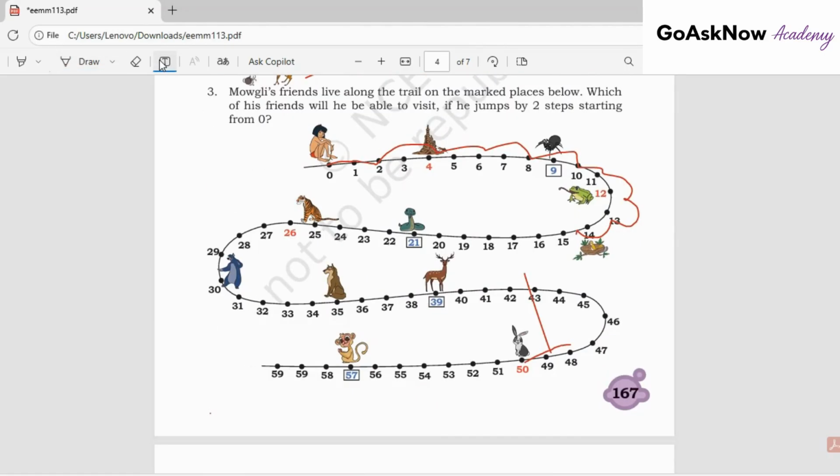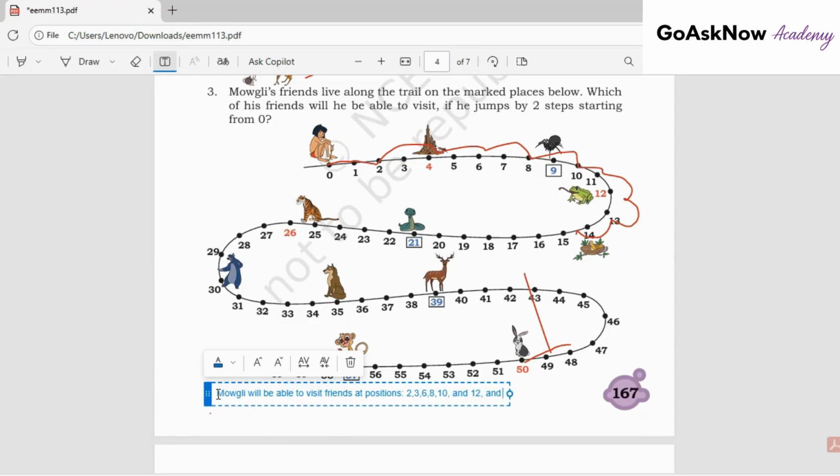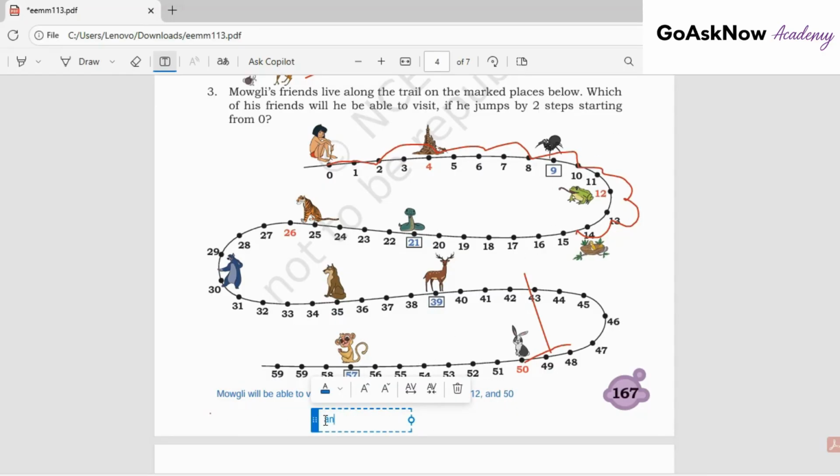Let us answer that one. Mowgli will be able to visit friends at positions 2, 4, 6, 8, 10 and 12 and 50, so he will meet the ant, frog, bird and rabbit.